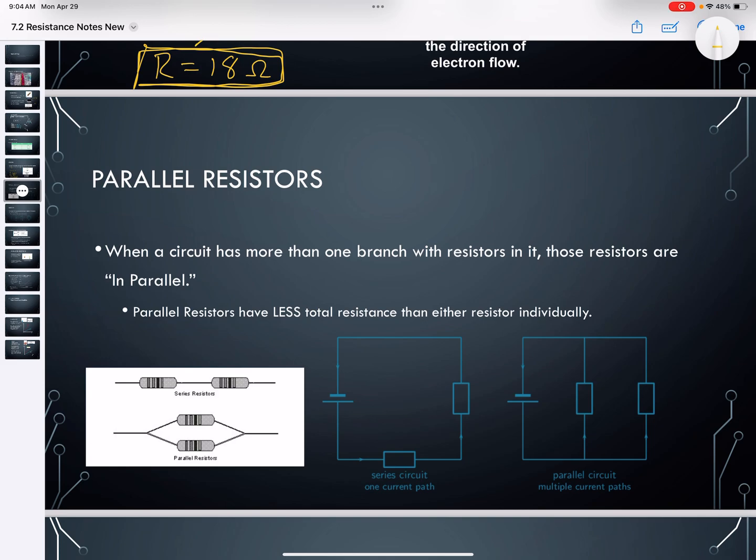Most of the circuits that we have dealt with so far have been series circuits, where I have a single path that allows me to go from one side of the battery to the other. In a parallel circuit, there are multiple ways for me to complete a lap around the circuit. And so this is going to lead to different amounts of resistance.